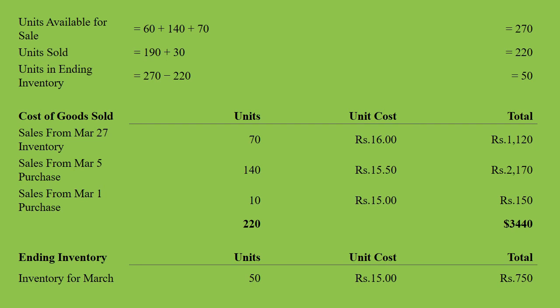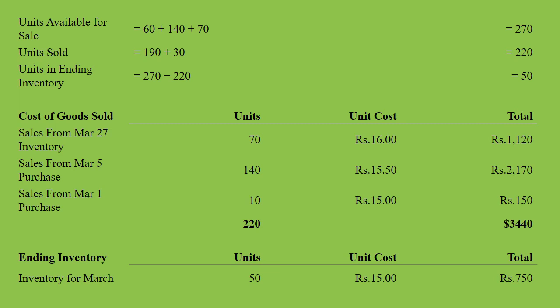As seen in the slide, these are the calculations for the cost of the 220 units sold that we have already calculated. We take the units from the available purchases and the opening inventory. As this is the LIFO method, the last transaction will be taken up first.